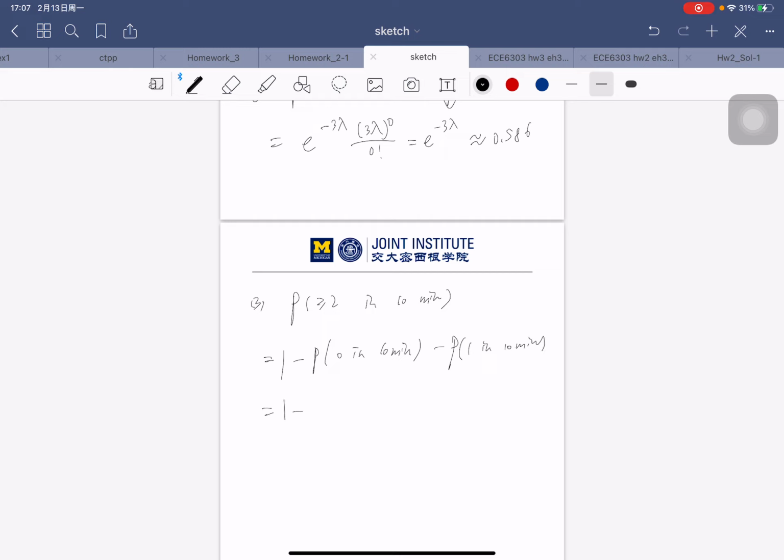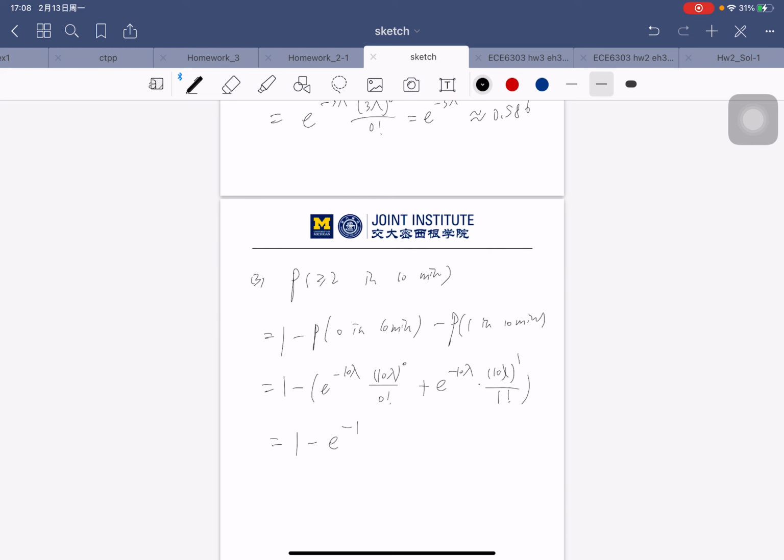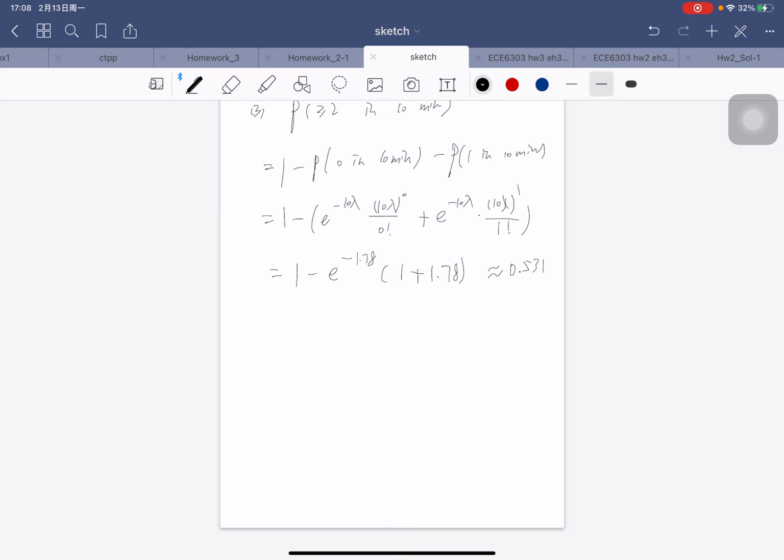So we will use the formula to get 1 minus e to the power of minus 10 lambda, multiplied by 10 lambda to the power of 0, minus e to the power of minus 10 lambda, multiplied by 10 lambda to the power of 1, divided by 1 factorial. So we will have 1 minus e to the power of minus 10 lambda, which is 1.78, and 1 at 1.78, so approximately 0.531.